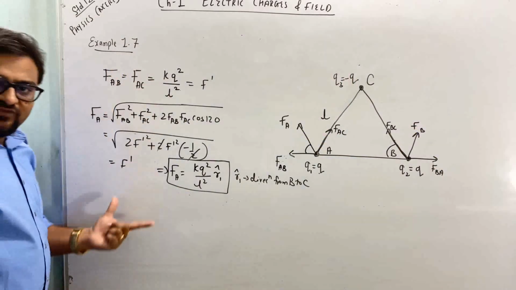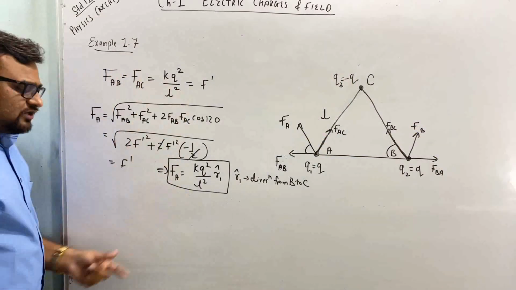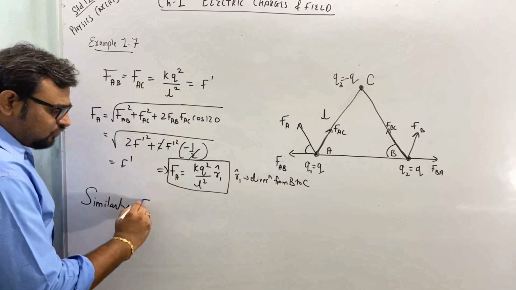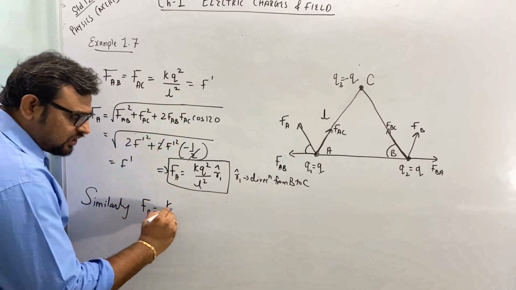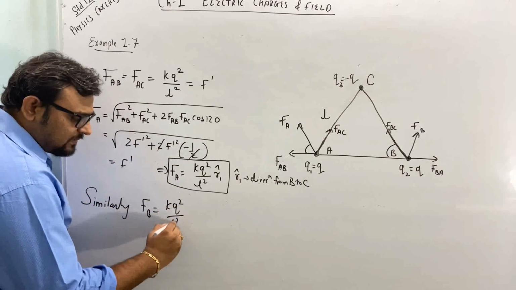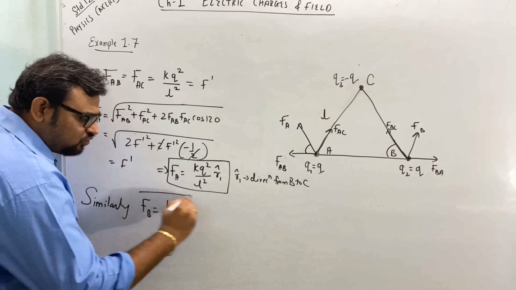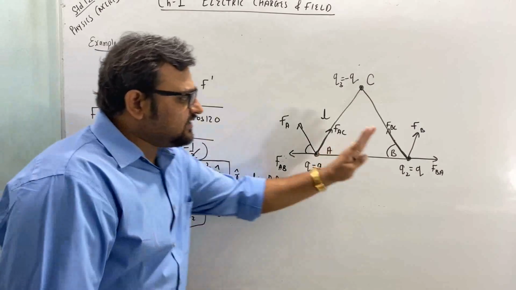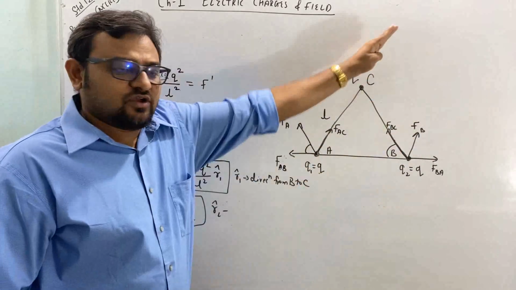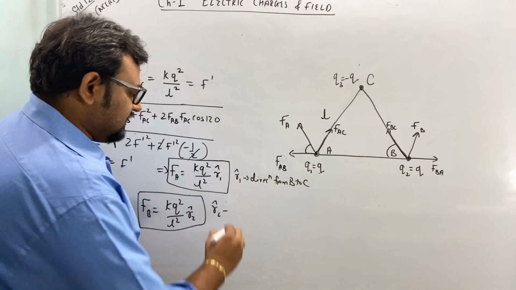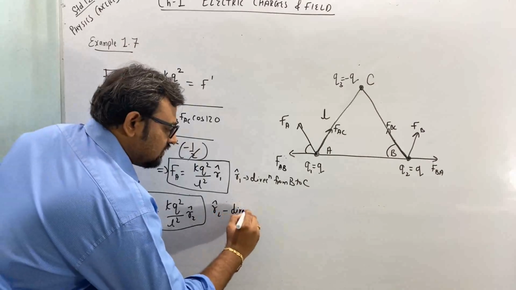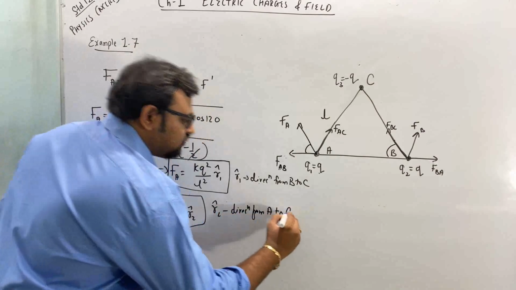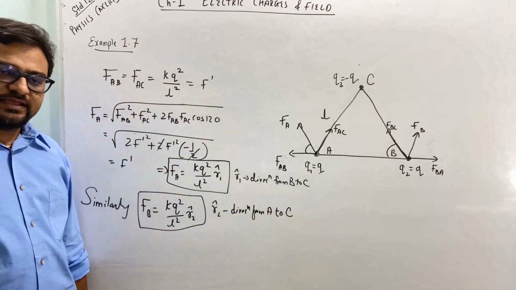So similarly, without solving, it will be similar to this. So similarly, force acting on B will also be equal to KQ square by L square R2. But here, what is R2? See the direction? It's in this direction, means from A to C.